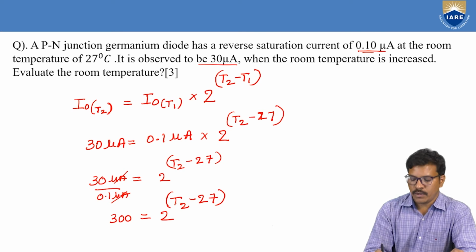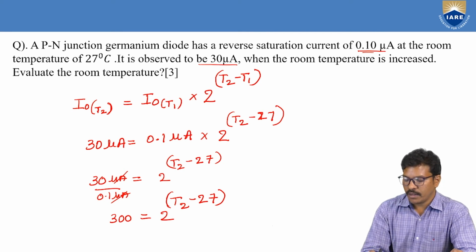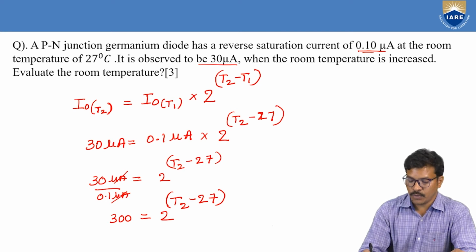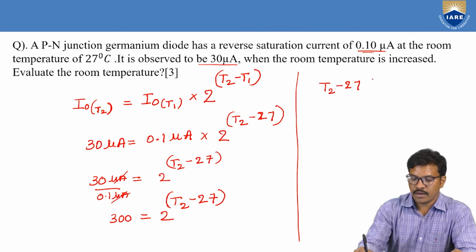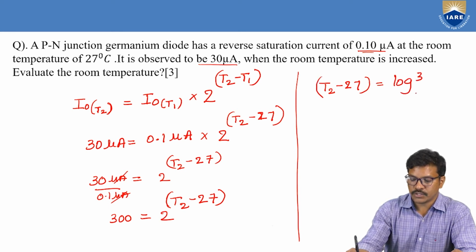So what will be the T2? When we apply log base 2 on both sides, you will take this T2 value. T2 minus 27 is equal to log 3 base 2.